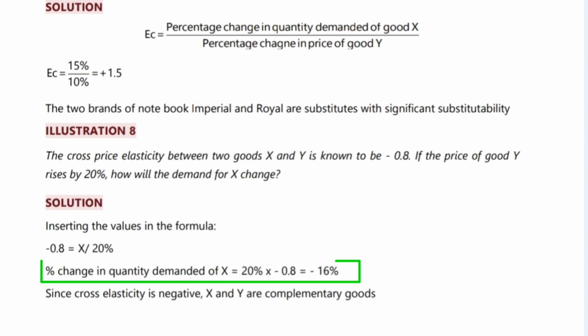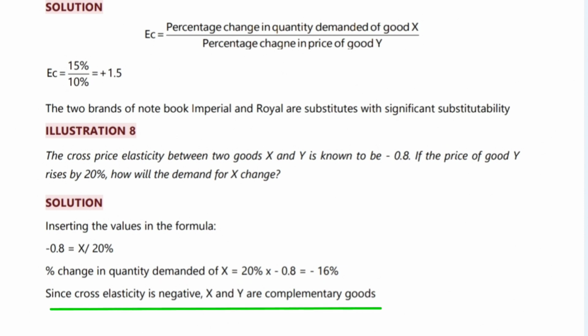Therefore X is equal to 20% into 0.8, which is negative, that is minus 16%. So here, since cross elasticity is negative, that means they both are complementary. One affects the demand for the other also.